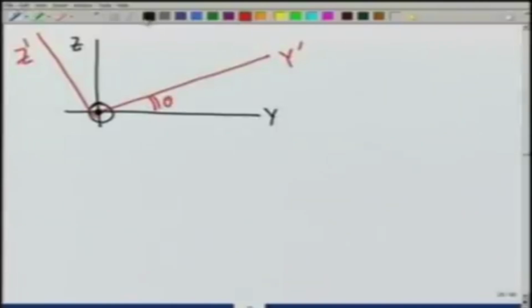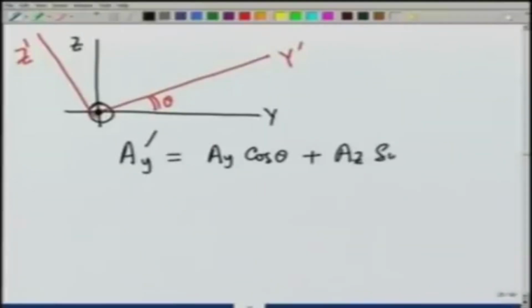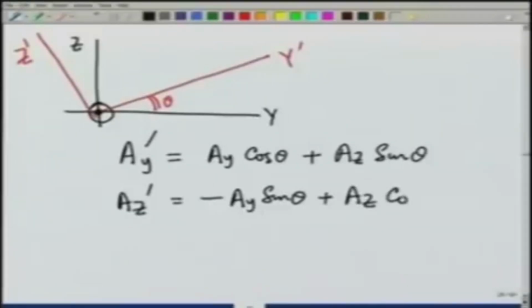Then you can see that what we did earlier, Ay prime in the rotated frame when I rotate about the x axis is going to be Ay cosine of theta plus Az sine of theta, and Az prime is going to be equal to minus Ay sine of theta plus Az cosine of theta.